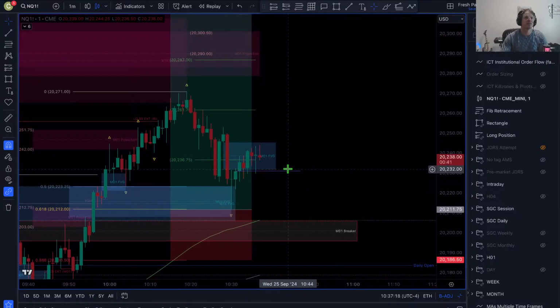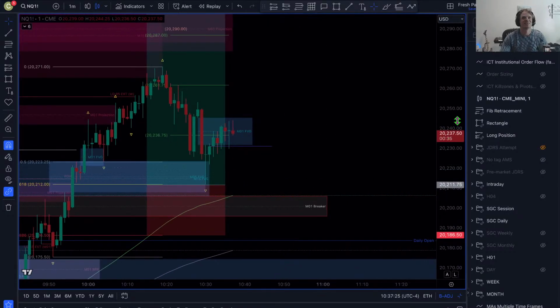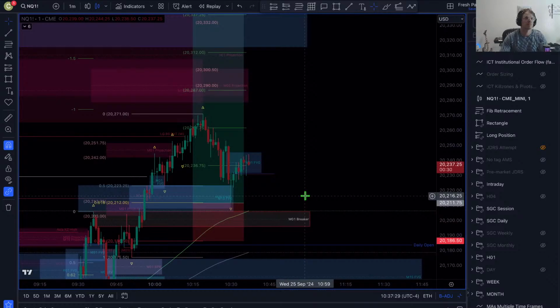Yeah, because I want fair value gaps holding on right now, which means there might be one more liquidation in play. Yeah, which is mm-hmm, your 50% entry.